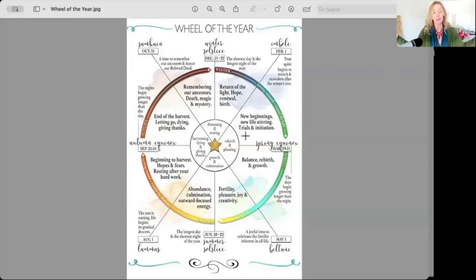We're still very playful. I mean, where I live, it hasn't even gotten hot yet until we go to Lammas, the midpoint time between the solstice and the equinox. So all of those X's are midway between solstices and equinox. And then that August 1st time the sun is waning, life begins its gradual descent.